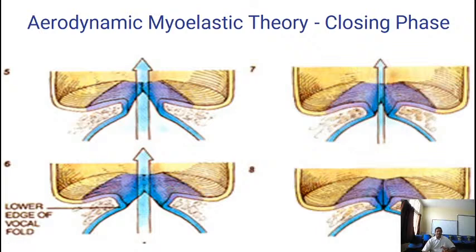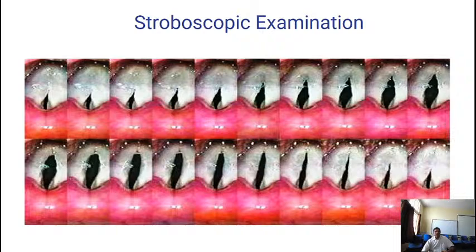So this is the basic mechanism, and this aerodynamic myoelastic theory explains clearly the amount of vibrations occurring in the vocal cords to produce the basic sound. This has also been studied by stroboscopic examination, which clearly tells us about the movement of the vocal cords.